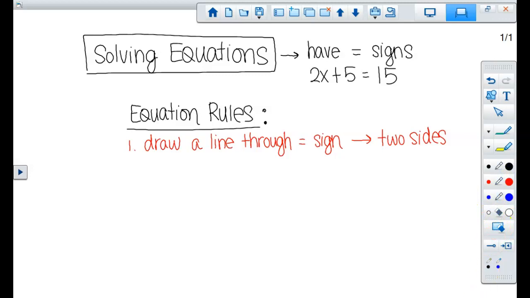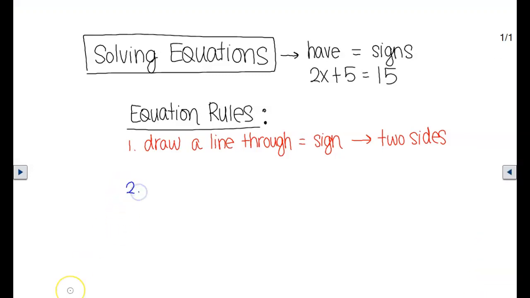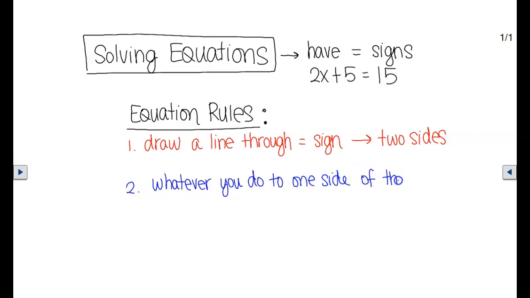Now, that goes along with rule number 2, and out of all of them, this is probably the most important one to me. When you are solving equations, whatever you do to one side of the equation, whatever that may be, you must do it to the other side as well.